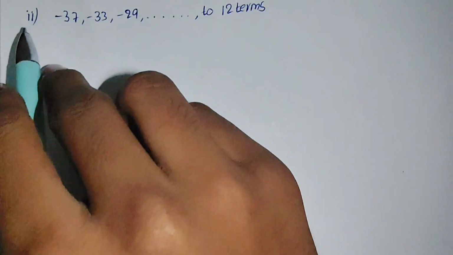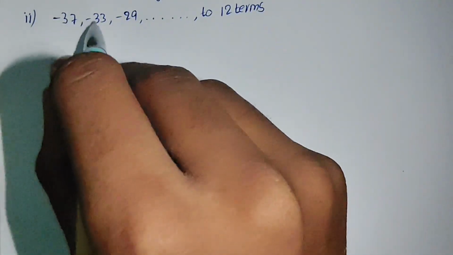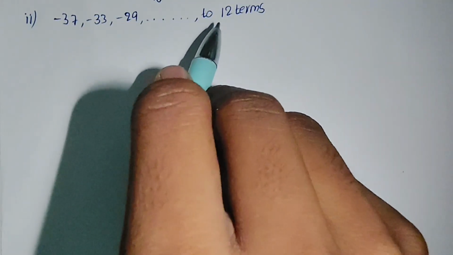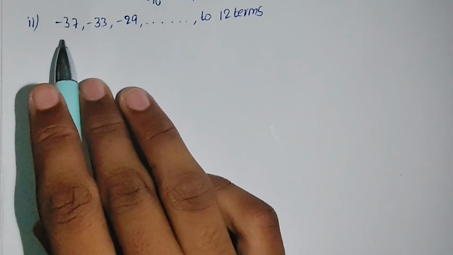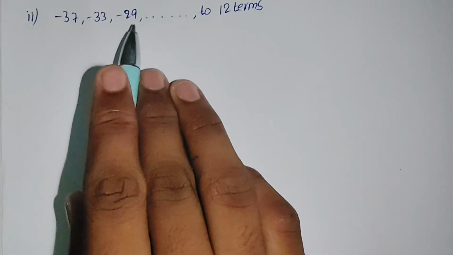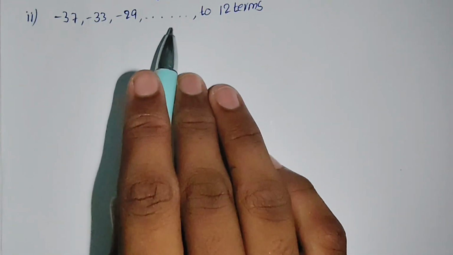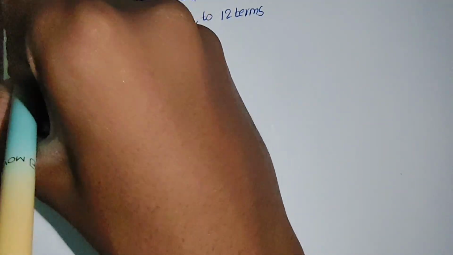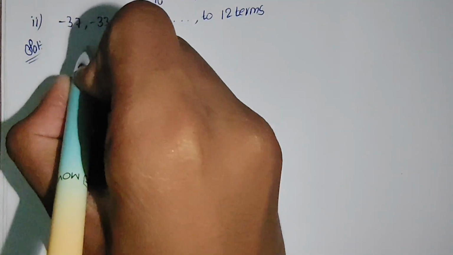The given second question is minus 37, minus 33, minus 29 and so on to 12 terms. He gave minus 37, minus 33, minus 29 and said add up to 12 terms. So let us solve it.